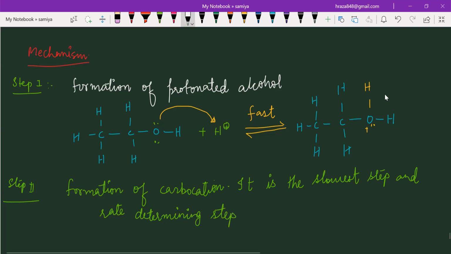So we will use this as reactant, and there will be formation of carbocation.